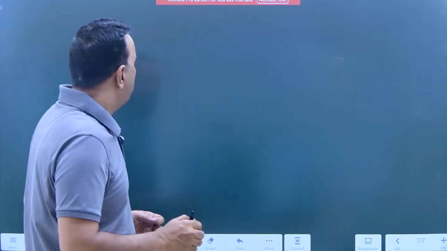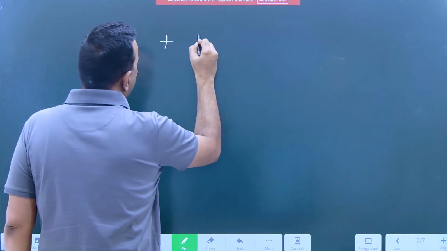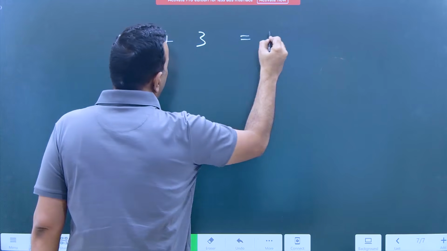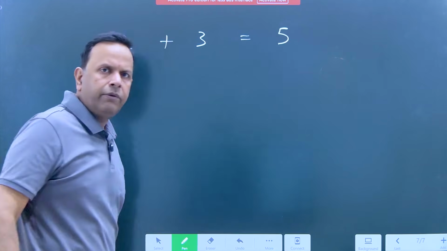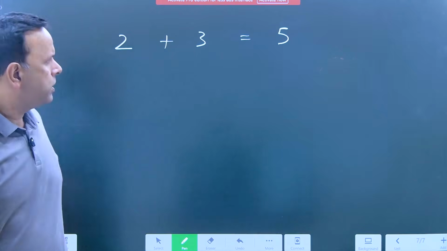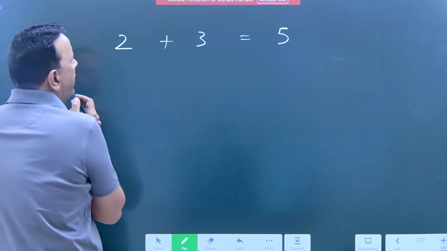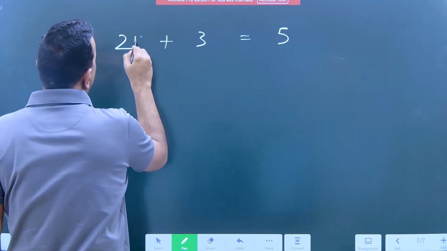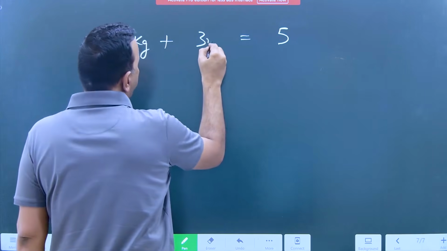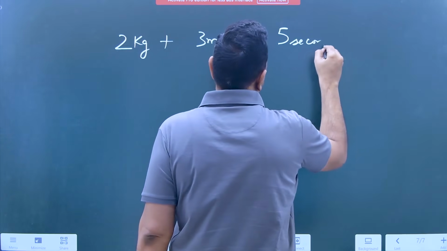Tell me one thing. Does this equation look correct? 2 plus 3 equal to 5. Is this equation correct? Yes, correct. Now, let me modify it a little. Can I say 2 kg plus 3 meter is equal to 5 seconds?